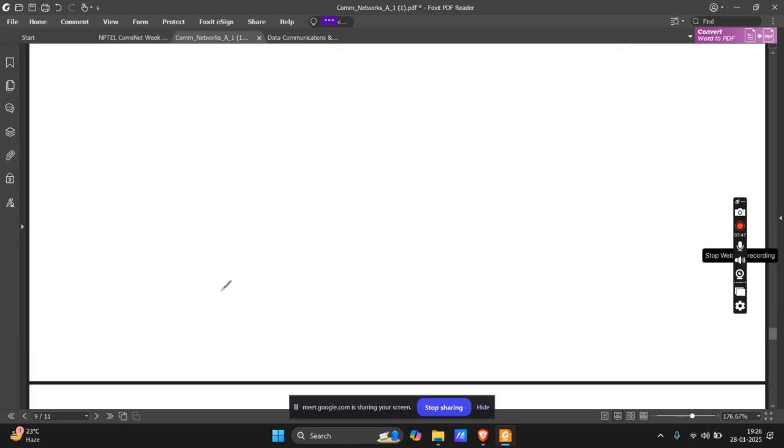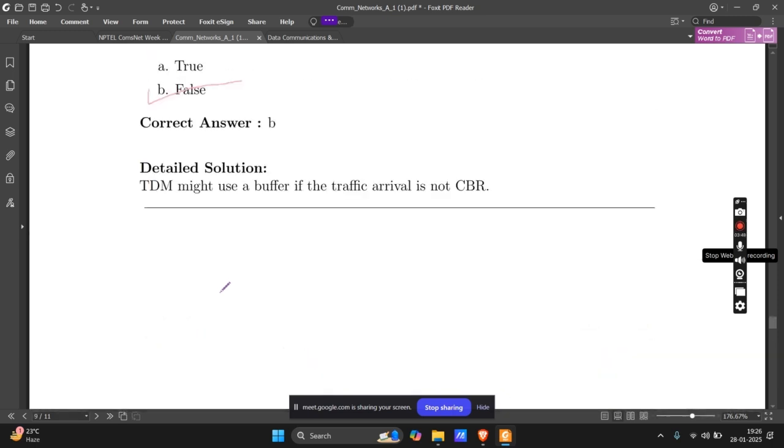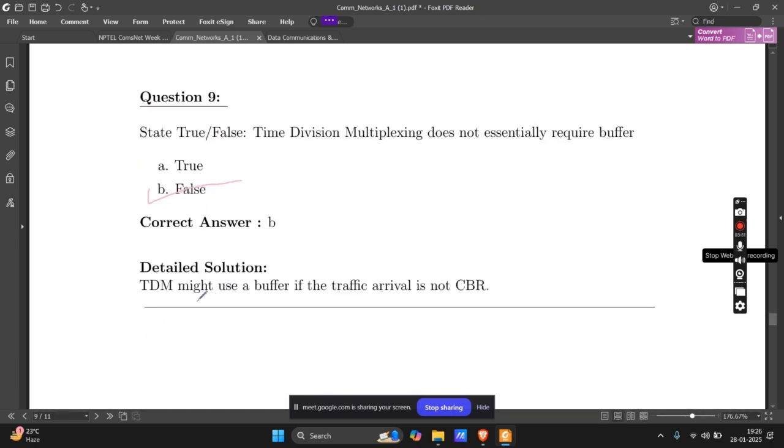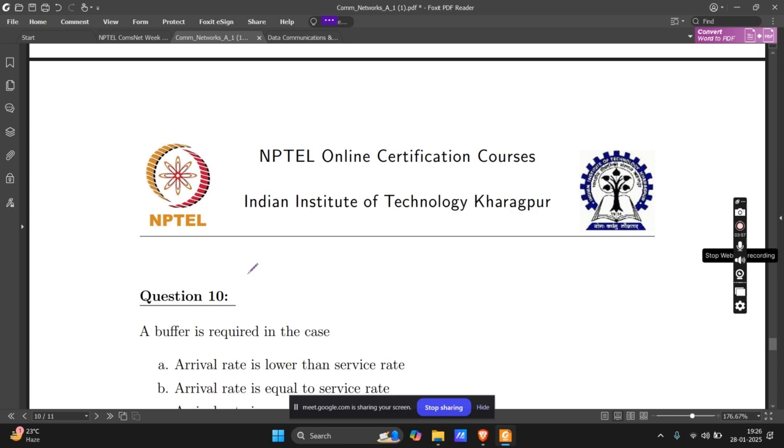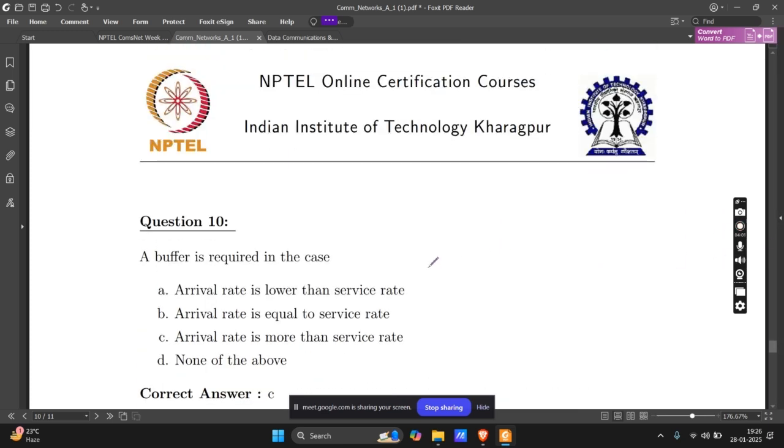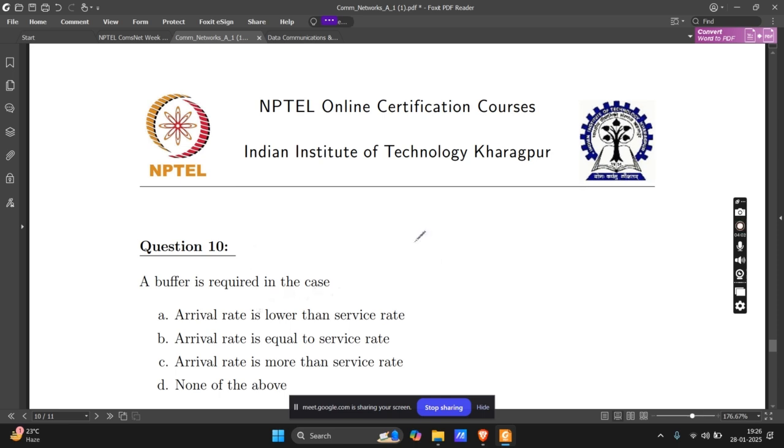It's your design choice. But since the number of users is not in your hand, if the number of time slots is less, you of course need a buffer, because losing the data that users are sending is not acceptable. Finally, a buffer is required in the case arrival rate is lower than service rate, arrival rate is equal to service rate, or arrival rate is more than service rate.